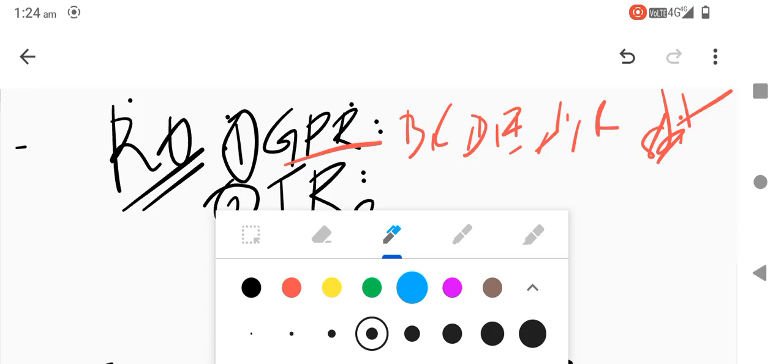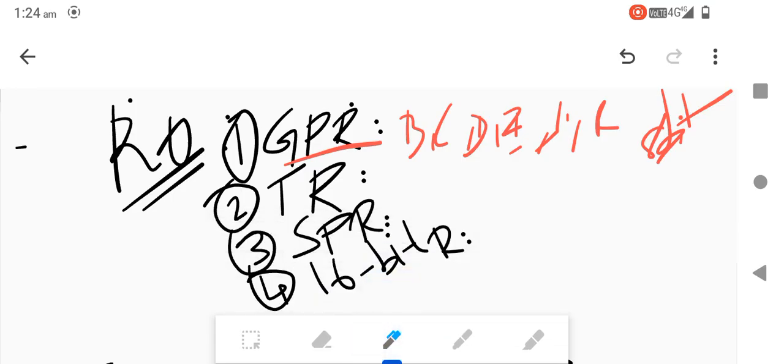Next, temporary registers. There are two types of temporary registers: temporary data register, and W and Z registers. In the temporary data register, the ALU has two inputs.